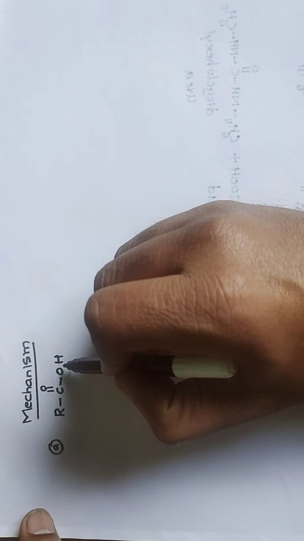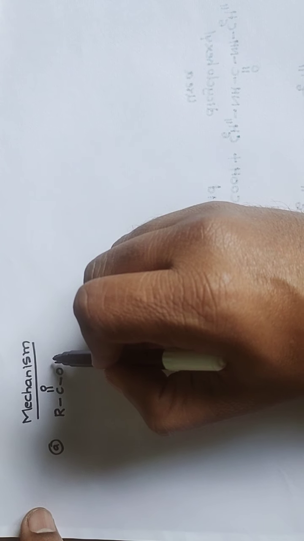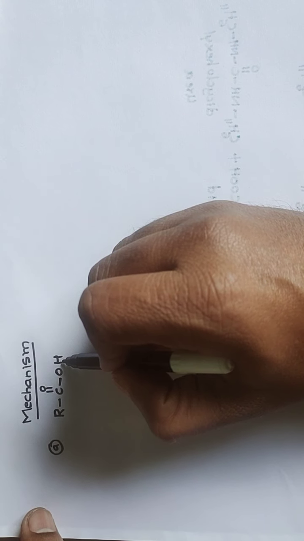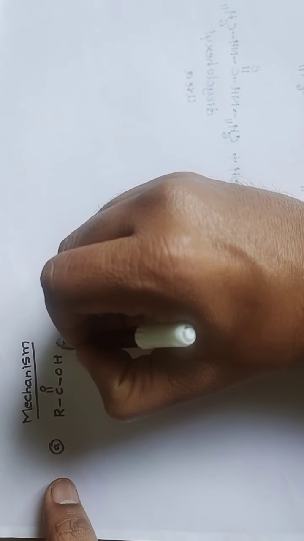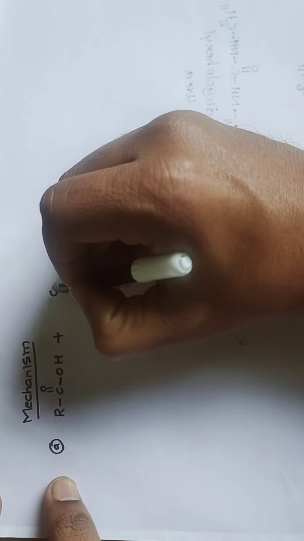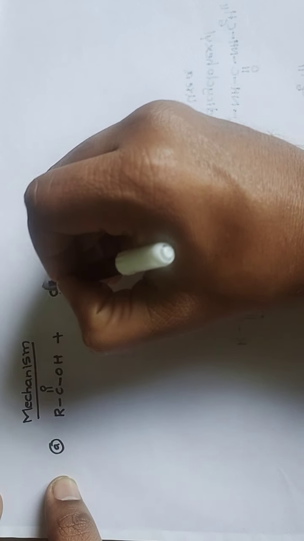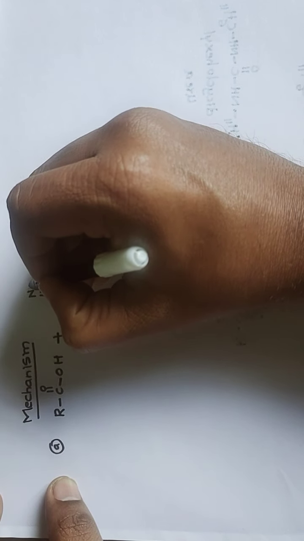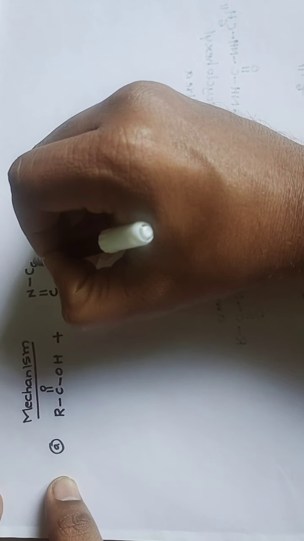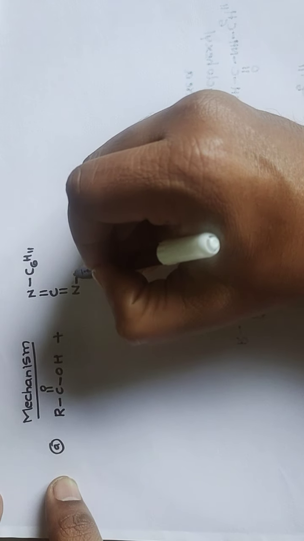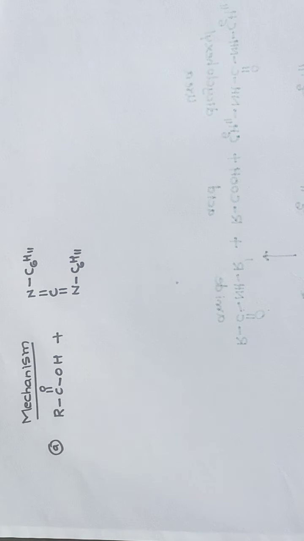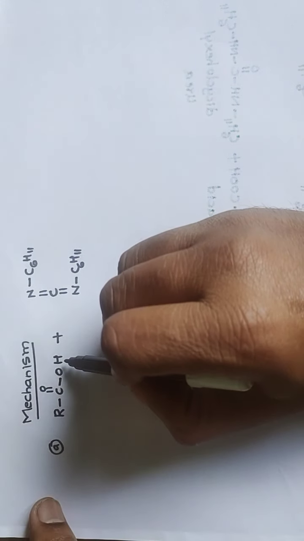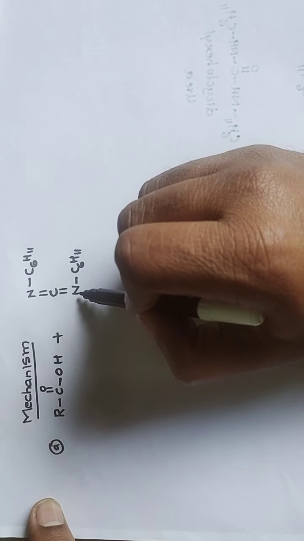So this molecule of an acid will release a proton, and this proton will protonate the nitrogen of DCC. So we'll just write DCC. It is C6H11 N double bond C double bond N C6H11, right? So this H plus protonates nitrogen.